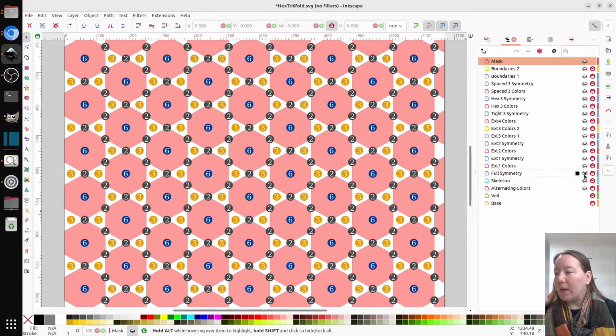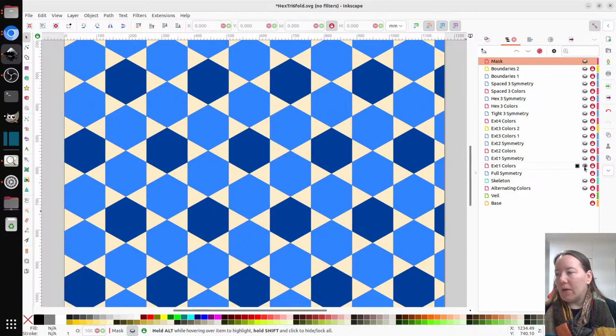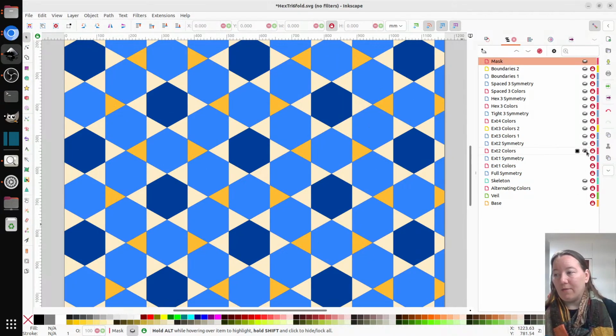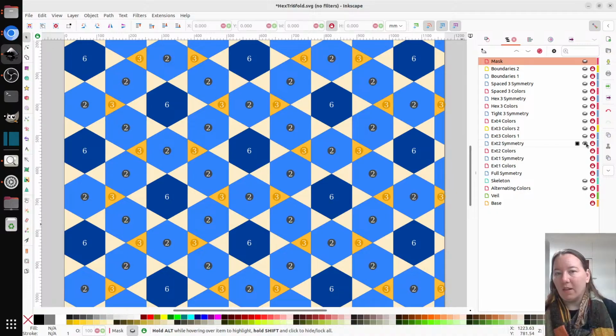We can say, okay, where are the symmetry points where they're spaced most together on this tiling? And we can say, okay, what if we don't want our symmetry points there? What if we want them somewhere else? Then we can have a different coloring of the tiling and different symmetry points. We can have yet another different coloring and different symmetry points.